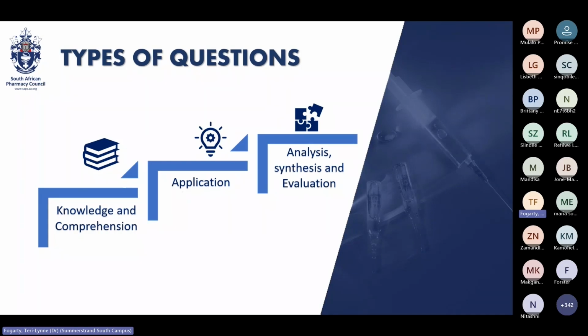And then it's applied to a particular scenario. And then there's a few higher order thinking questions where you are given some information and you've got to maybe problem solve or think through the information that you've been given to then assess what is the single best answer in this situation.